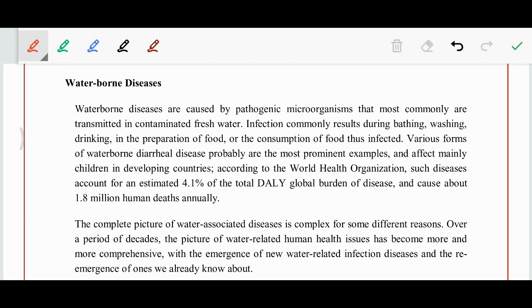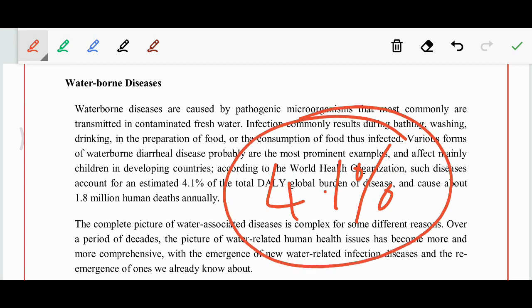It is also present in food, right? So the World Health Organization estimated that 4.1% of total global diseases is caused by waterborne diseases, right?